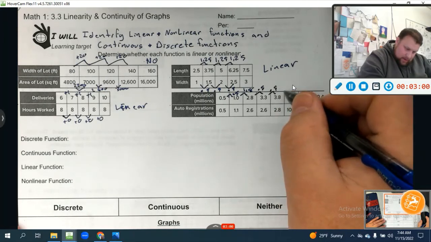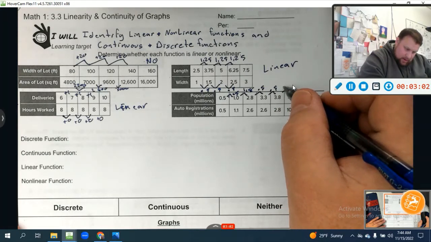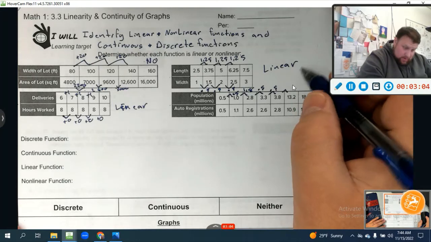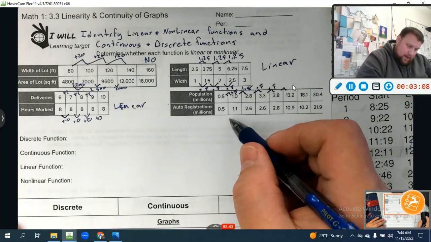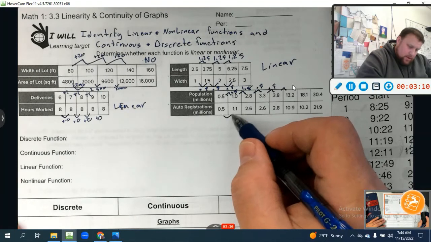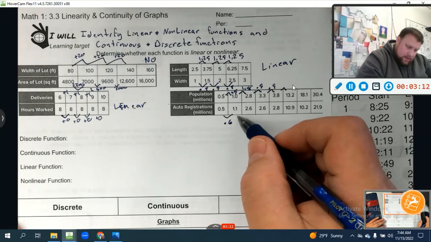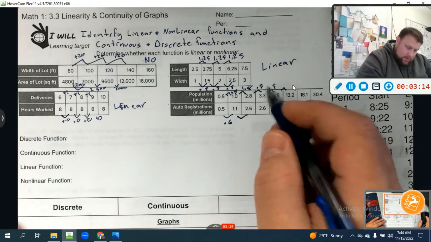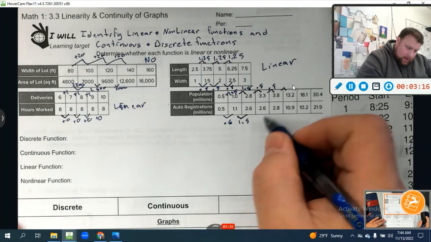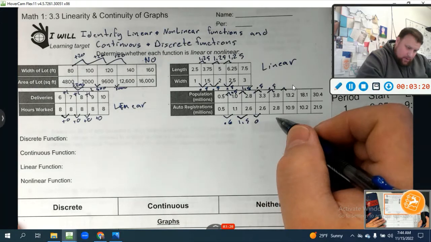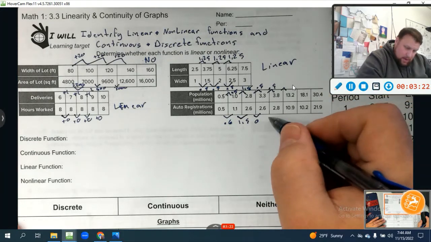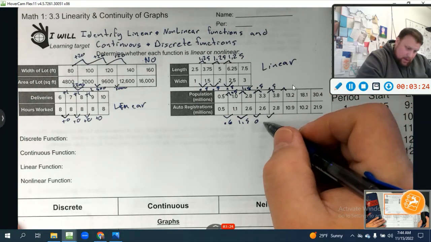And 0.5, and then it goes up by a lot. So this is growing at a different rate. Let's see what it does down here. So this goes up by 0.6. This goes up by 1.5. This goes up by 0. And this goes up by 0.2.